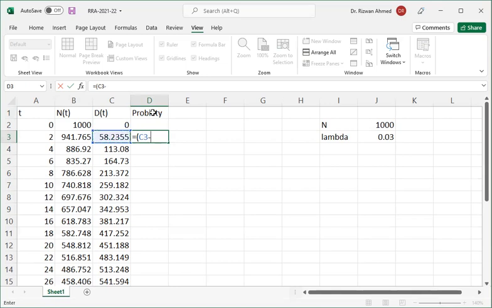Number at this value, number at the previous time, right? And divided by the total exposed to that experiment. This number, right? So very much an expression like n naught minus n divided by n naught, right?